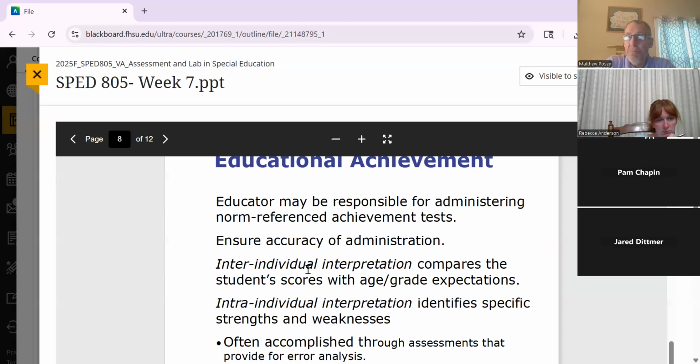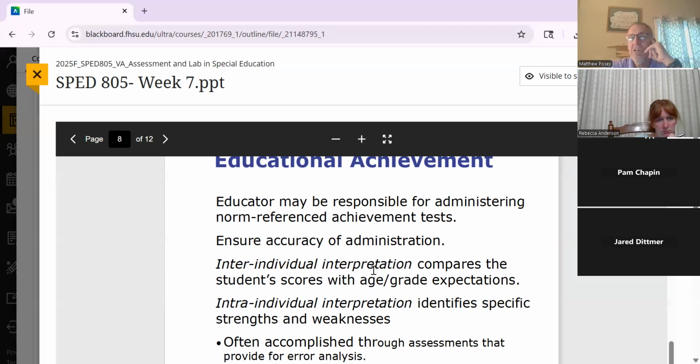Inter-individual, again, the normed group, it compares the student scores with age and grade expectations. So on the comprehensive report that I shared with you and showed you how those are reported, the categories, you remember the age equivalency section or grade equivalency, that's what they're talking about right here.